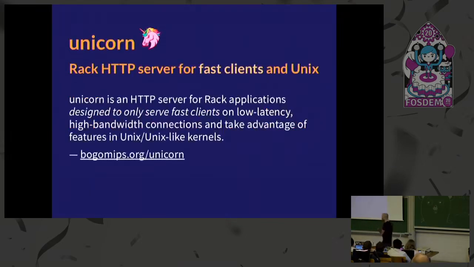One of the reasons for this problem was that we have a technology stack based basically on a forking daemon, which was designed only for serving fast clients on low latency, high bandwidth connections. So this is a forking daemon. You can imagine that you have a master process that loads your code, then it forks and creates some workers, and the master process handles incoming connections, forwarding them to one of those processes.